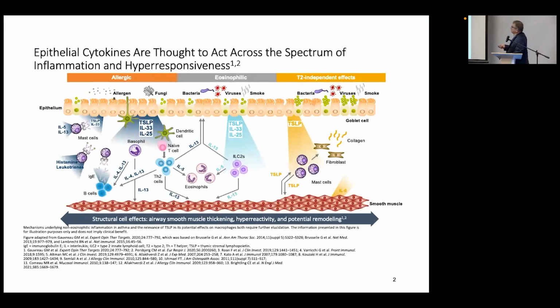This is the classical demonstration, the classical scheme about T2 and non-T2 asthma. And you have the epithelium, as I told you yesterday. You have the allergic asthma, the eosinophilic asthma, and the non-T2 asthma. In the allergic part, you have the epithelium, you have the alarmins, TSLP, IL-33, IL-25, and the dendritic cells.